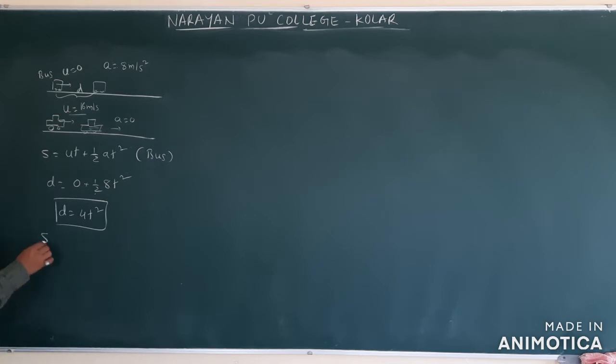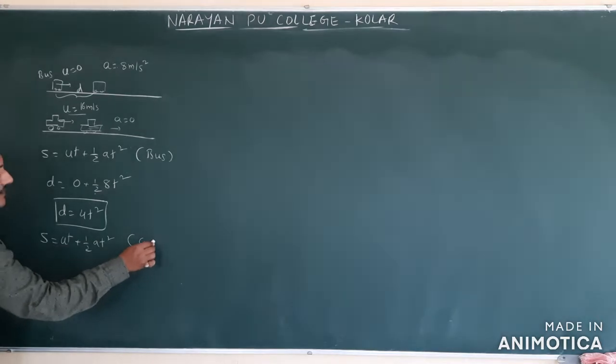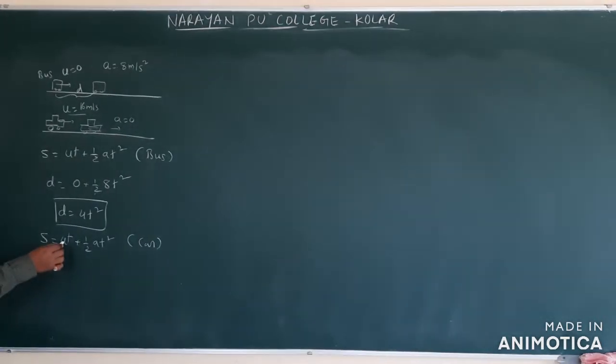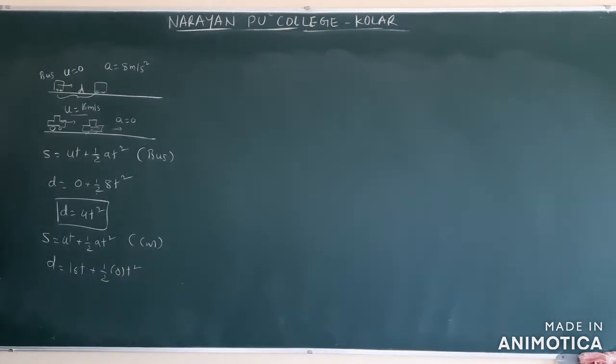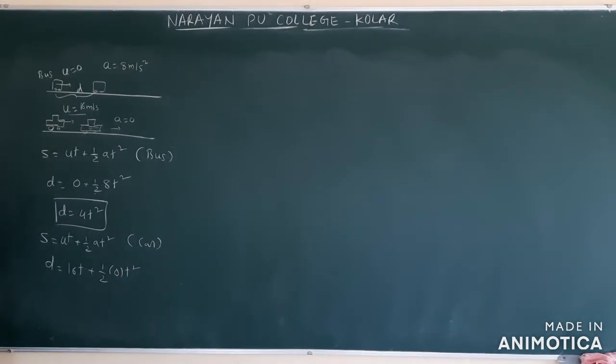Next for the car. The car also uses the same formula, ut plus half at square. For the car, the velocity is u equal to 16. It is also covering the same distance. D is equal to 16t plus half a t square, where a is 0, because it is moving with constant velocity. Therefore acceleration is 0, and D is equal to 16t.